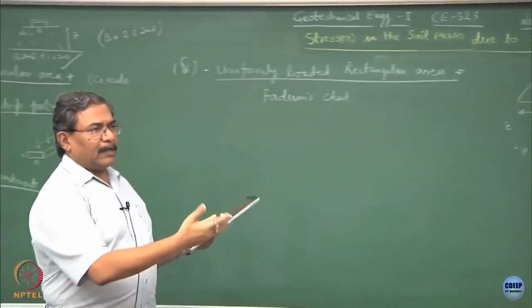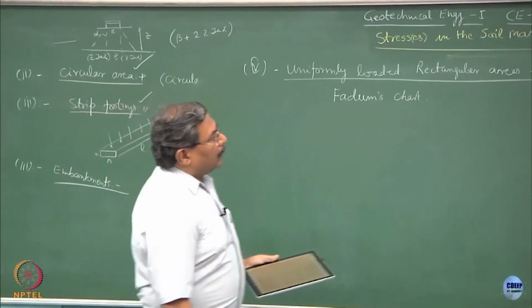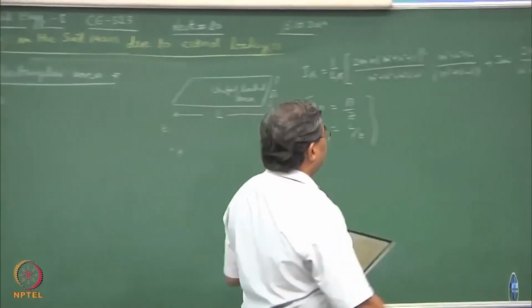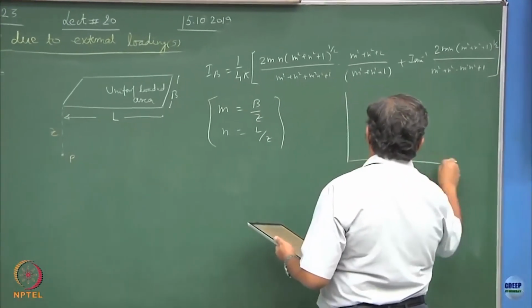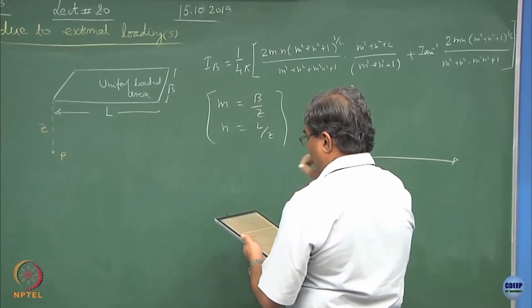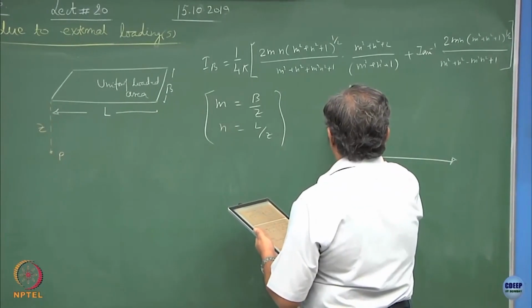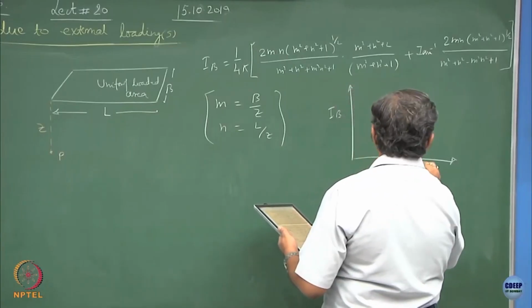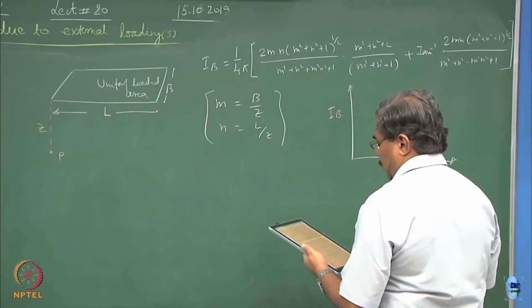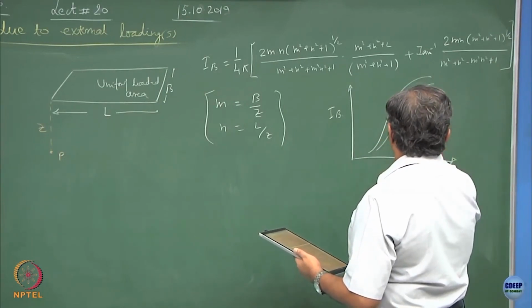So, it does not matter whether m or n get replaced or interchanged. Conceptually, these are nothing but the graphs which look like this, the Fadum's chart. This is the influence factor IB, this is m, and then this is how the n varies.